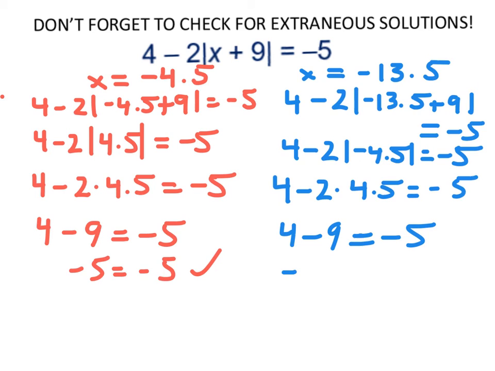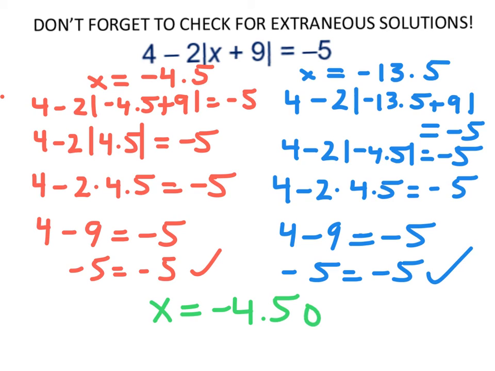And finish solving to get negative 5 equals negative 5. So your solutions are x equals negative 4.5 or negative 13.5.